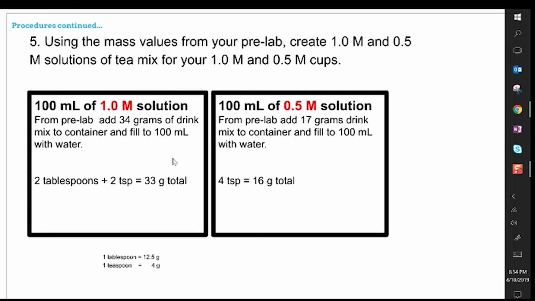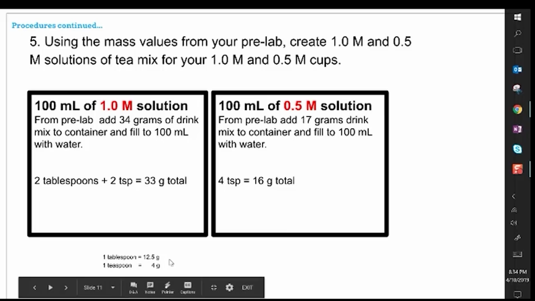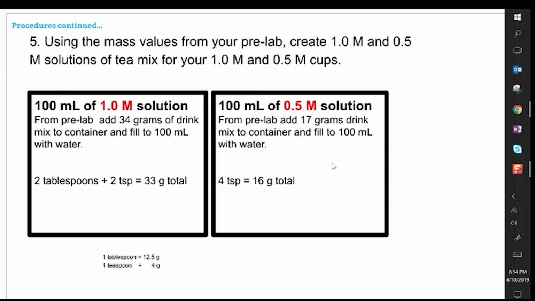From our pre-lab, we determined that in order to mix up 100 milliliters of a 1.0 molarity solution, we would need to add 34 grams of the drink mix and fill to 100 milliliters with water. Because I don't have a kitchen scale, 1 tablespoon is going to equal 12.5 grams and 1 teaspoon will equal 4 grams. So for the 100 ml of the 0.5 molar solution, it's going to be roughly half at 16 grams.